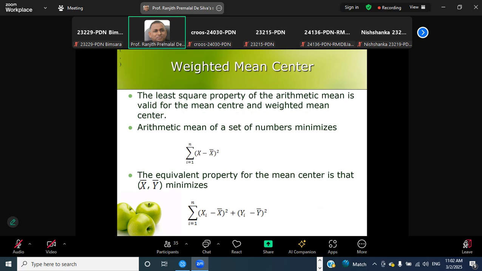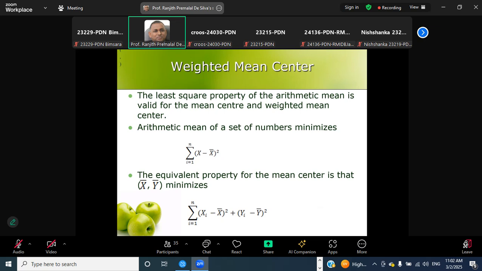So this is the more important part. The least square property of the arithmetic mean is valid for the mean center and the weighted mean center. What does that mean? The arithmetic mean of a set of numbers minimizes the sum of (x minus x bar) squared.